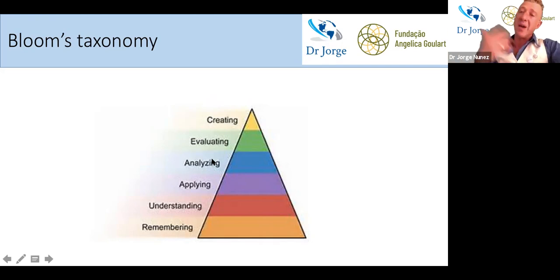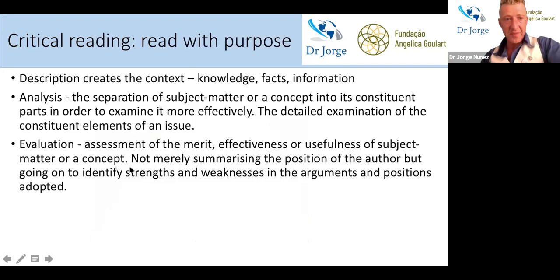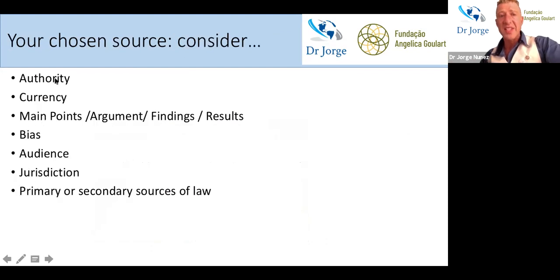That is why, coming back to the literature review, when you go through your sources, it's not simply a brief summary of whatever you are reading. You have to have what we call a critical reading and decide whether the person you are reading is an authority within the field, whether the information is current, whether there is bias. Who makes those decisions? You will have to make those decisions.